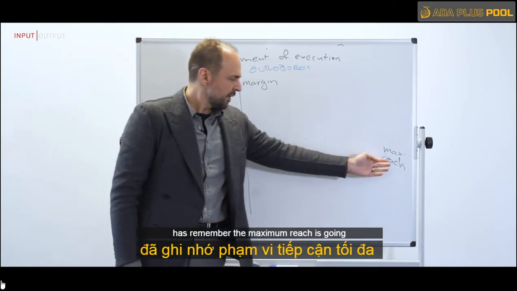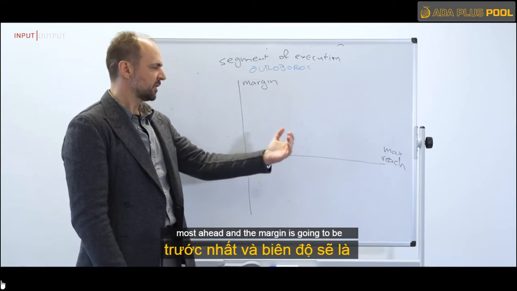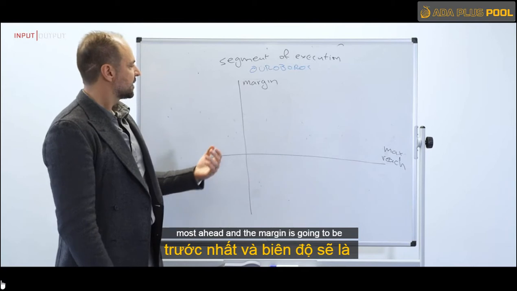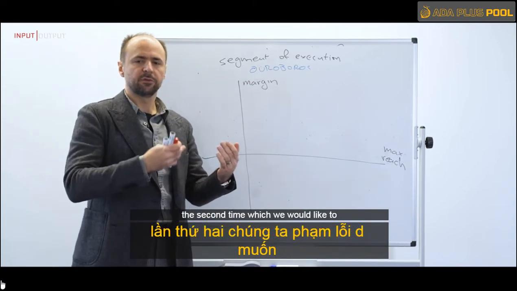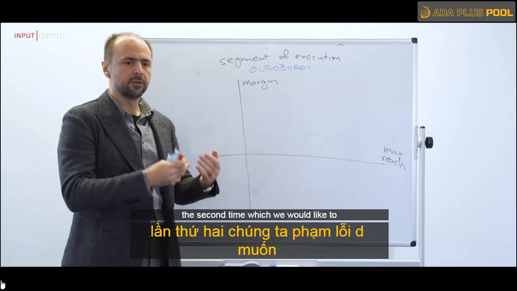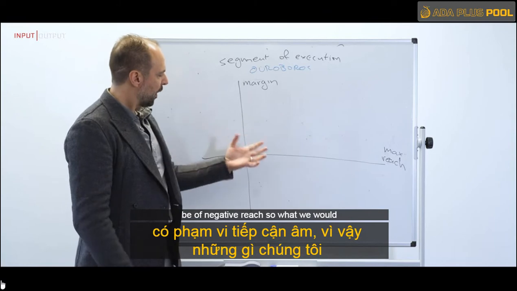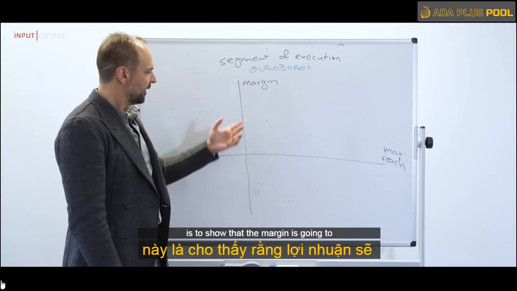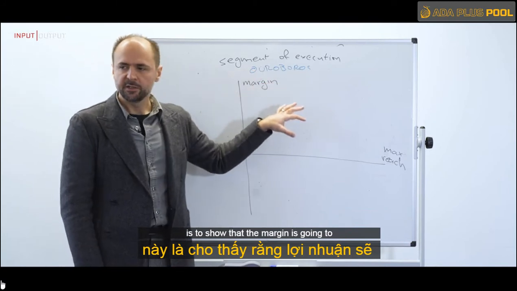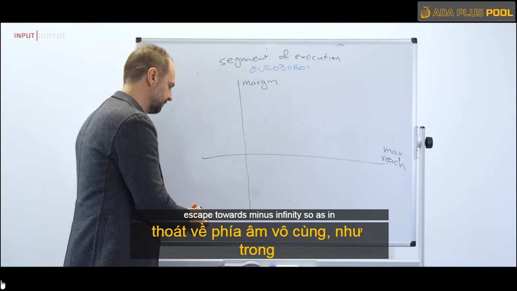Remember, the maximum reach is going to be the reach of the tine which is most ahead, and the margin is going to be the second tine which we would like to be of negative reach. So what we would like in this two-dimensional random walk is to show that the margin is going to escape towards minus infinity.